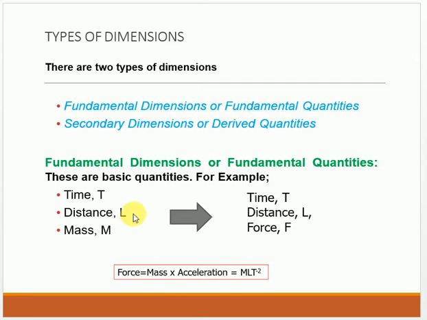Meter is distance, so L. Second square is T power minus 2, because it's in the denominator and we take it to the numerator, so it becomes minus 2. For second we have time, so M L T power minus 2 is the derived quantity for force.